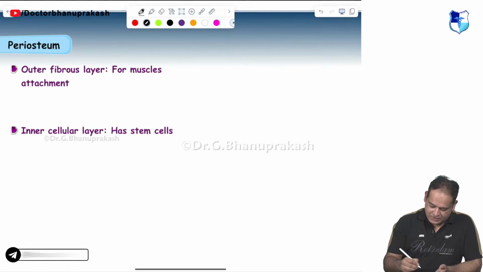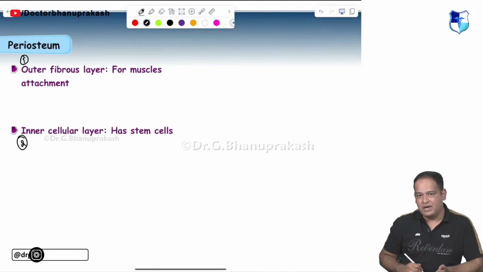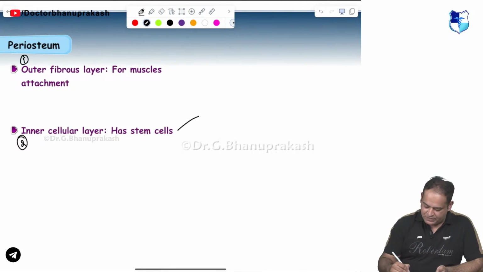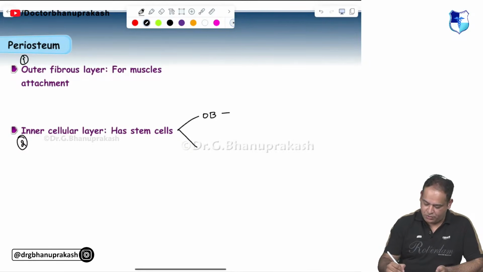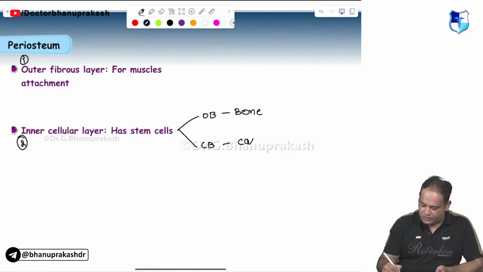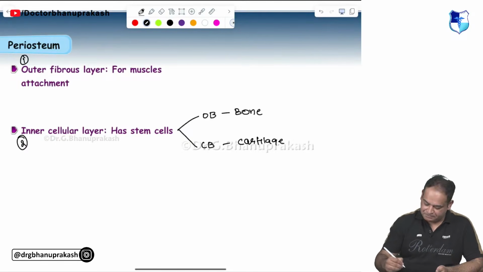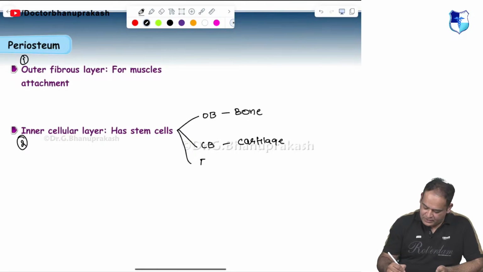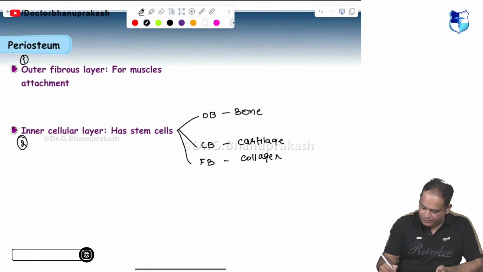Now, periosteum. So, periosteum, it has got two layers, outer fibrous layer and inner cellular layer. Now, it has got stem cell. If need be, they can convert into osteoblast and they will form bone. If need be, they will convert to chondroblast and they will form cartilage. Fine. If need be, they will convert to fibroblast and they will form collagen.